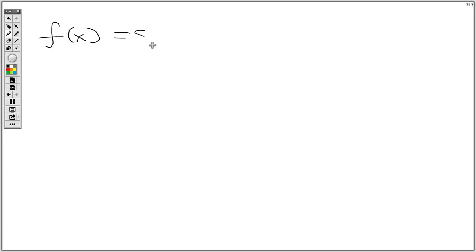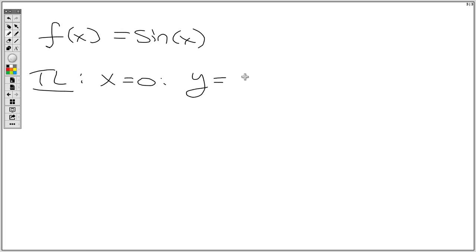So let's look at f of x equals sine of x, and let's take a look at the tangent line at x equals 0. Our tangent line formula: y equals f prime at 0 times x minus 0 plus f of 0.